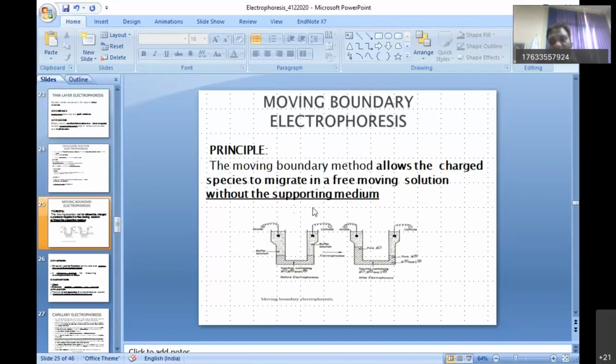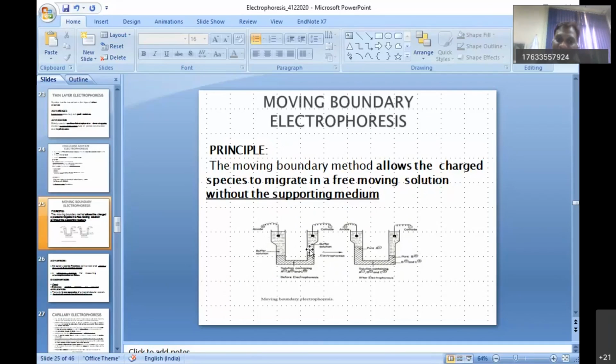So come to moving boundary electrophoresis. The principle of this, as I told you earlier also, is that the moving boundary method allows the charged species to migrate in a freely moving solution without supporting media. So the difference is that earlier there was a supporting medium, and here the molecules will be separated in the moving solution.